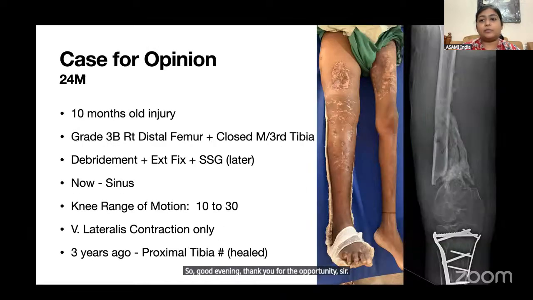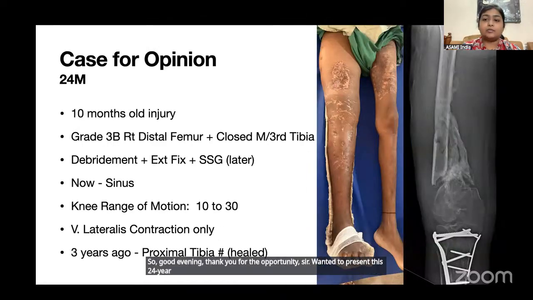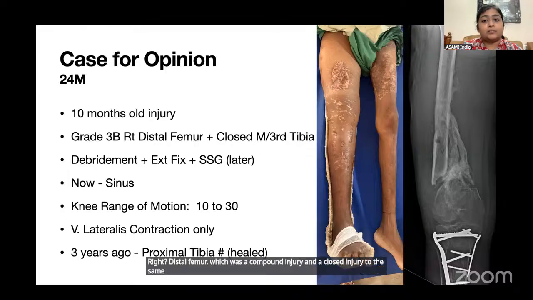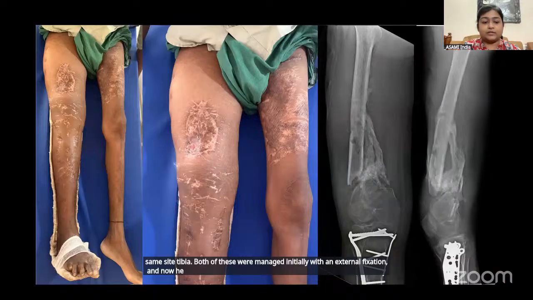Wanted to present this 24-year-old male who presented to me with an injury that happened 10 months ago to his right distal femur, which was a compound injury, and a closed injury to the same side tibia. Both of these were managed initially with an external fixation, and now he presented with a sinus.